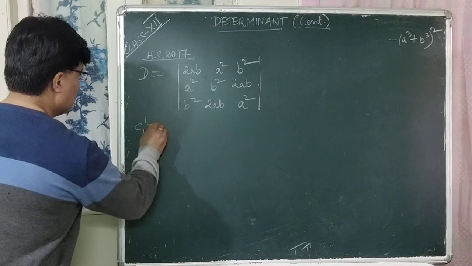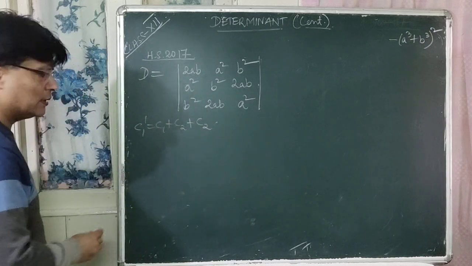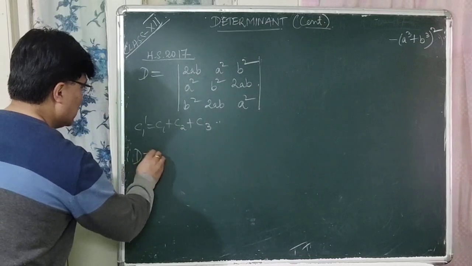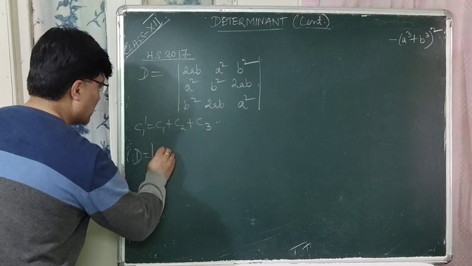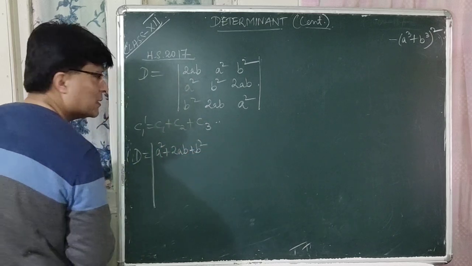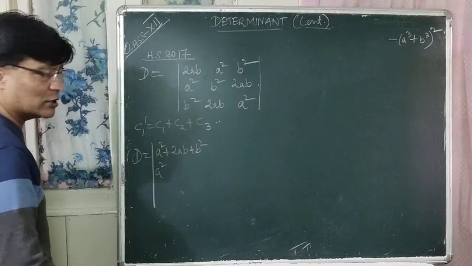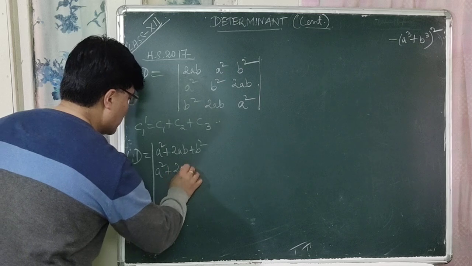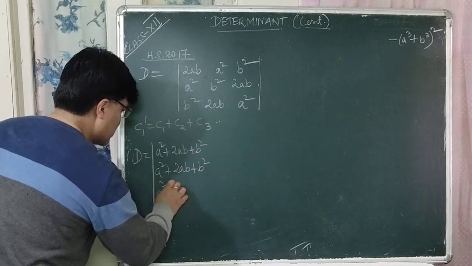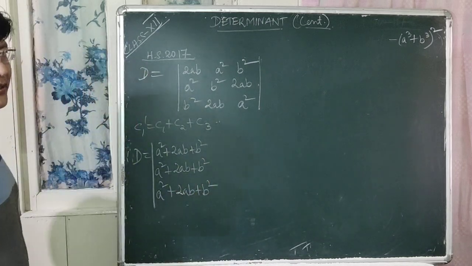That is C1 dash is equal to C1 plus C2 plus C3, right? So therefore D is equal to, what is the new first column here? A square plus 2AB plus B square, right? Next one is also, add all those three terms in the second row, A square plus 2AB plus B square. This one is also A square plus 2AB plus B square. What is the second column now?